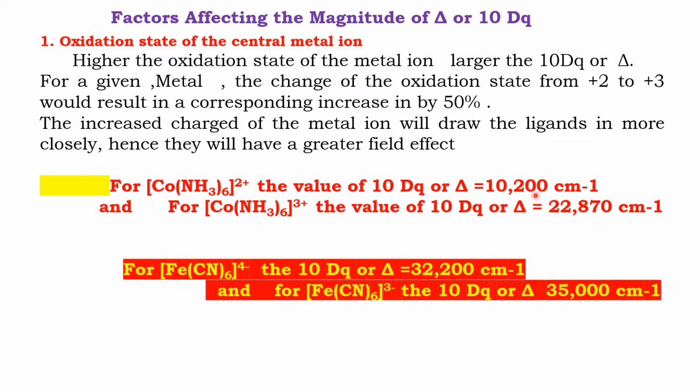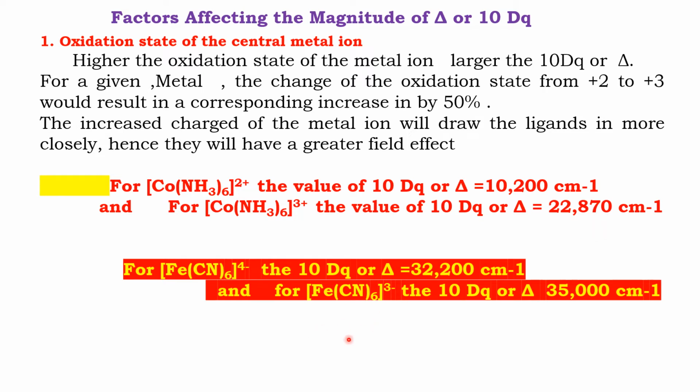That is the energy gap between the t2g level and eg level. For the second complex, the oxidation state is +3, and the value is 22,870. That means when the oxidation state increases from +2 to +3, the 10Dq value increases by about 50%.